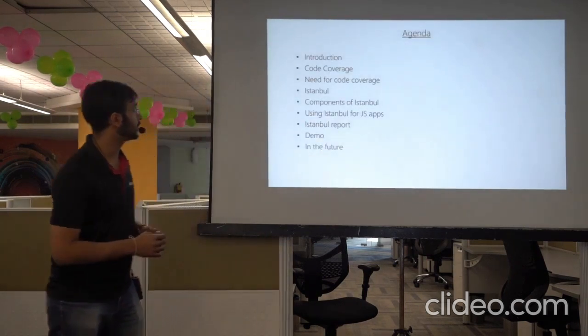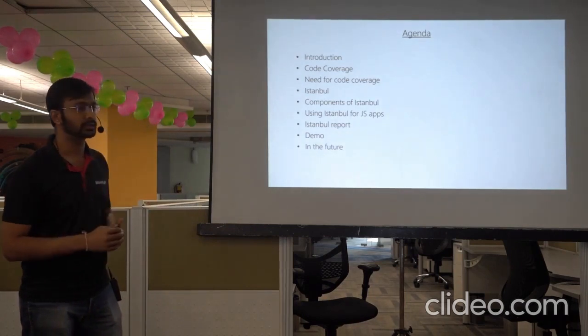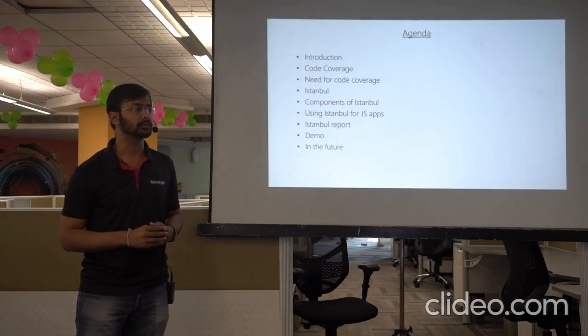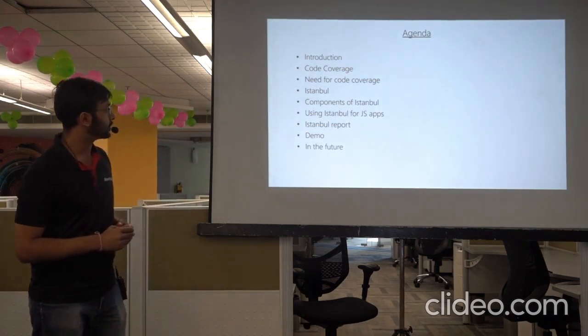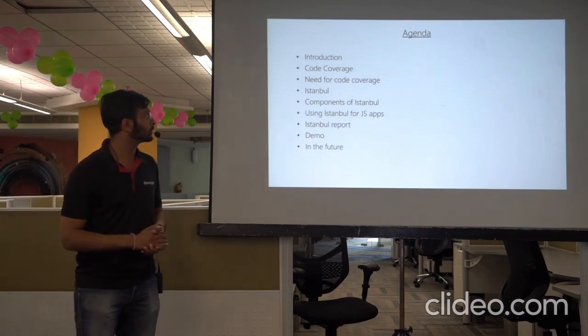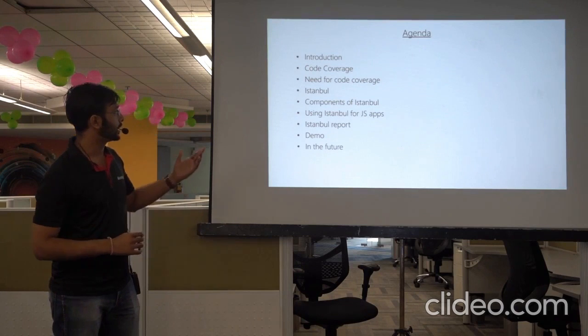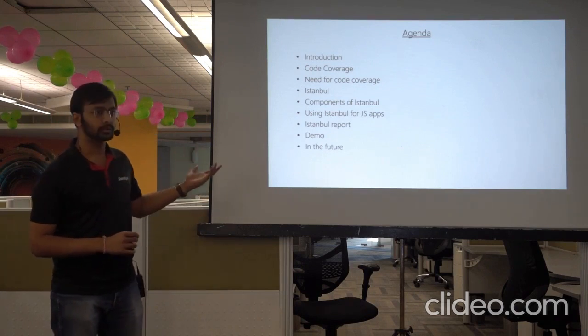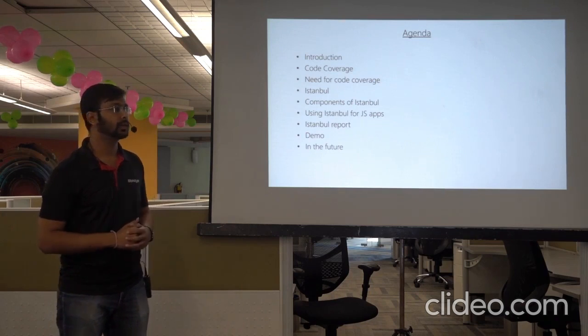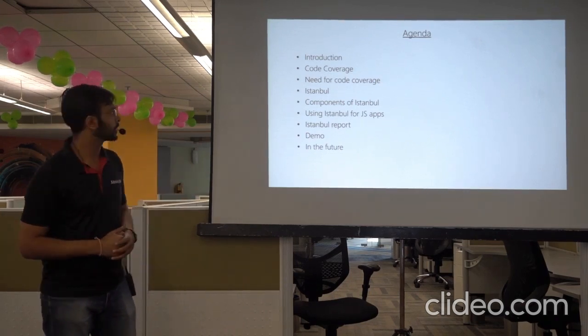So the agenda for today is, we'll have an introduction. Assuming people are from different levels of expertise and different backgrounds, we'll talk about what is code coverage, what is the need for it, why do we do code coverage. Then we'll take as an example Istanbul, the code coverage tool for JS applications, and it is written in JS too.